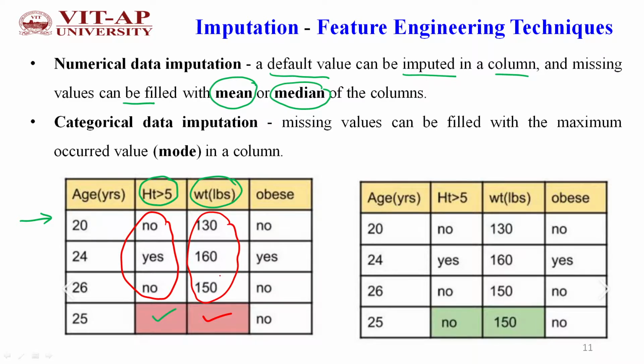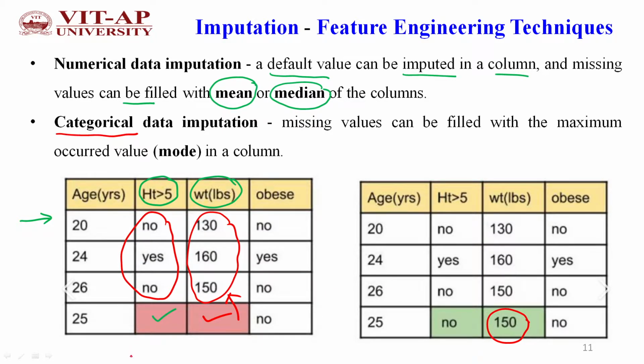The numerical values can be filled by taking the mean of this feature's values or the median of this feature's values. So this is filled with the median of this feature's values.